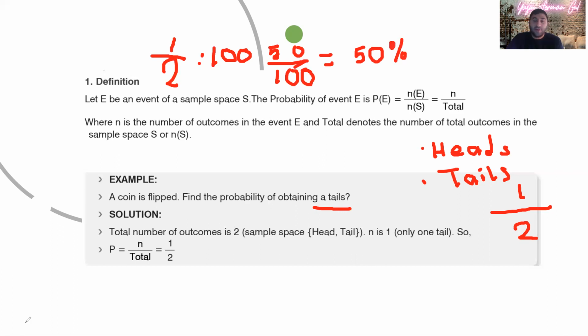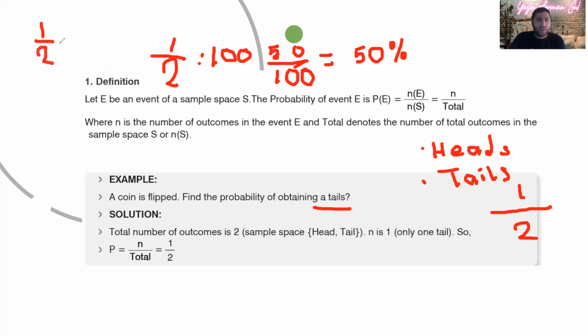Okay, and then if 50% of this probability is tails, then the other 50% obviously will be heads, because there is one option of heads, one option of tails. So total, we have two options. It's either going to land on heads or tails. So when the question is asking what is the probability that it will land on tails, then it's going to be 1/2. What is the probability of that coin landing on heads? Then again, it's going to be 1/2, because the probability of heads is 1/2.